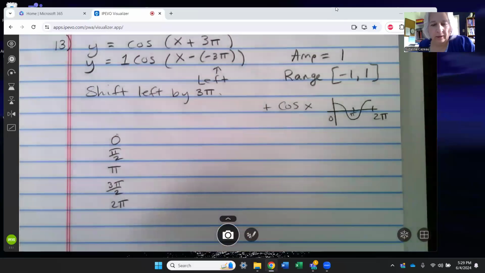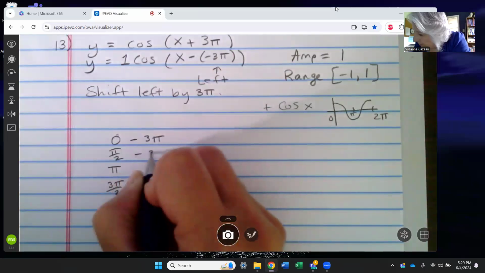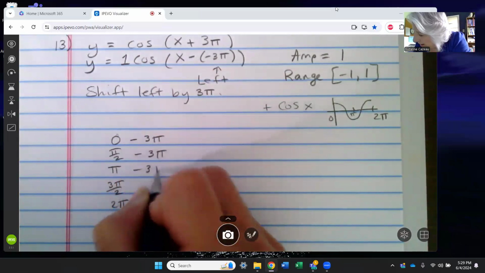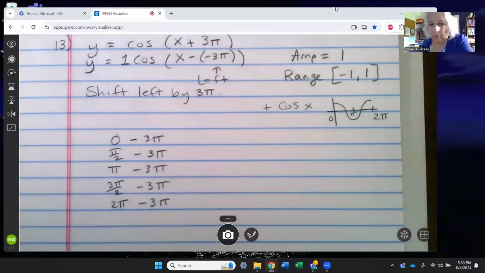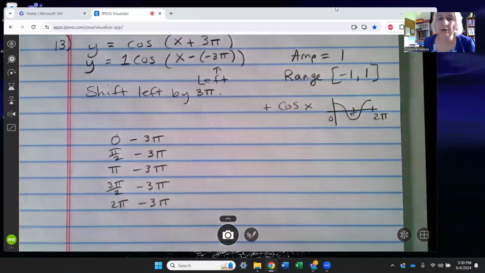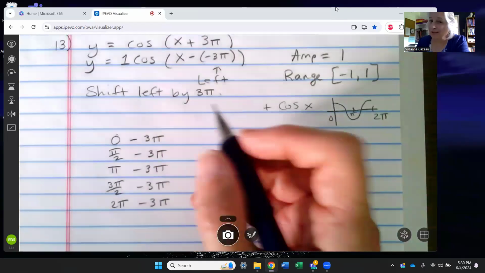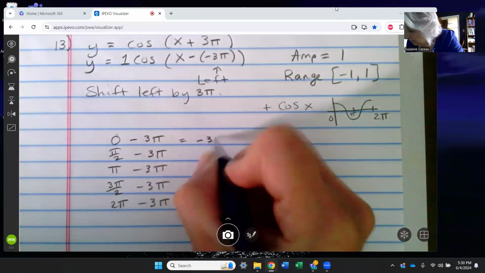Now, if we're going to shift left by 3, I'm going to subtract 3 pi from each. And I joke around and I say, when you get done with this class, you're going to be really good with fractions. Okay, well, 0 minus 3 pi. I think you can handle that. That's a negative 3 pi.